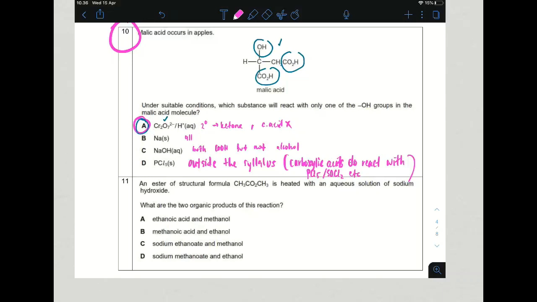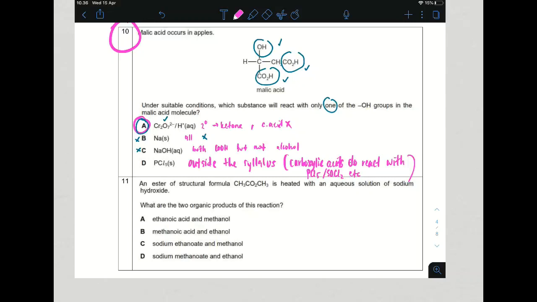Now, sodium does react with alcohol. It also reacts with carboxylic acid, so it will not be the answer. For sodium hydroxide, it will react with carboxylic acid but will not react with alcohol. But there are 2 carboxylic acid groups over here, and they only want 1 OH group, so that will not be the answer either. For PCl5, it reacts with alcohol, but this is actually outside of the syllabus.